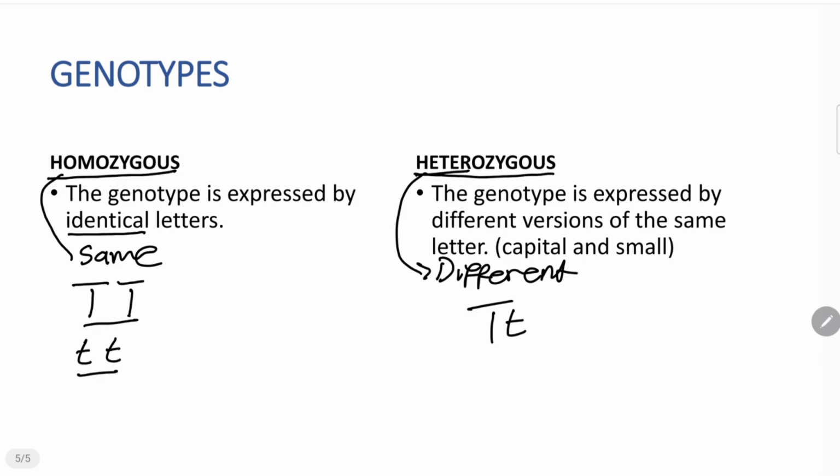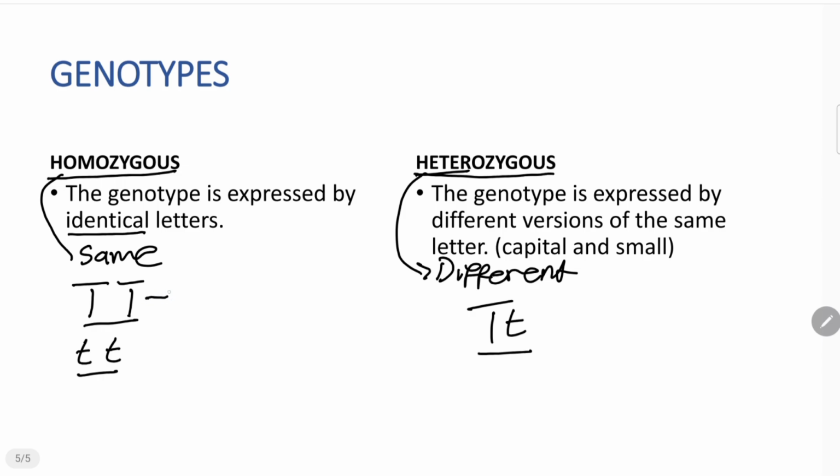When they are the same, small t small t, they are also homozygous. But when they are different, capital letter T and small letter t, we say they are heterozygous. Even though they are all T's, the fact that we use a capital letter and a small letter tells us that they are different, hence they are heterozygous.